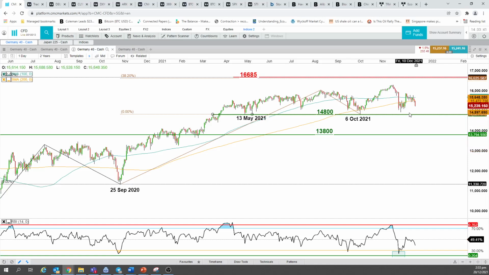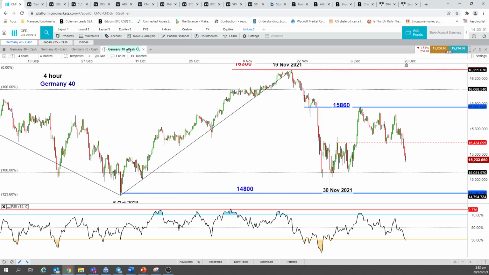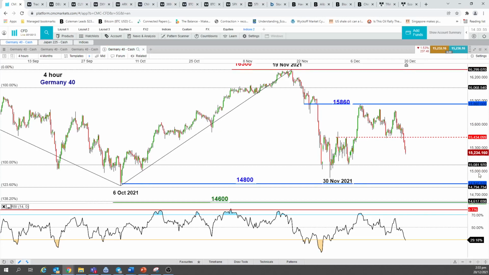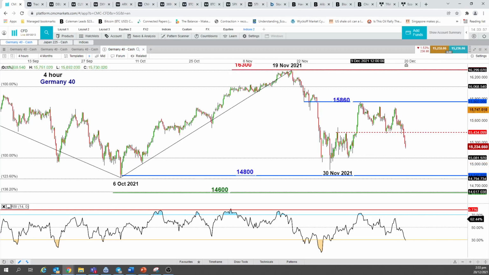So definitely this is an important range support level to watch if price were to start to shape further weakness. Given this current situation, I would rather turn neutral rather than bullish. So neutral between 14,800 and the 8th of December swing high, which is at 15,860.